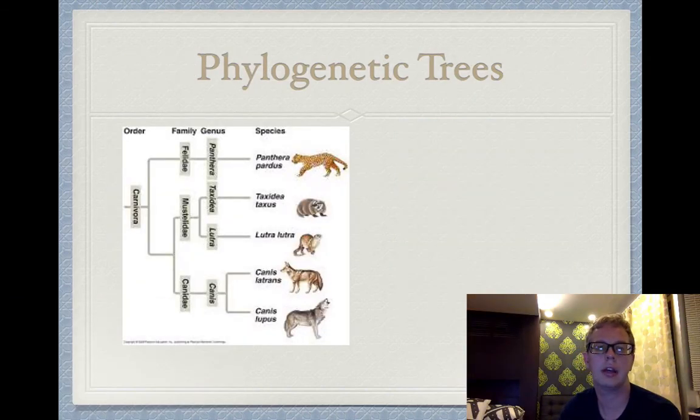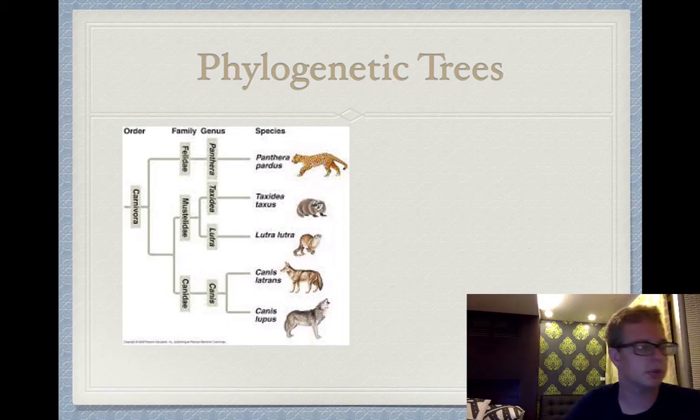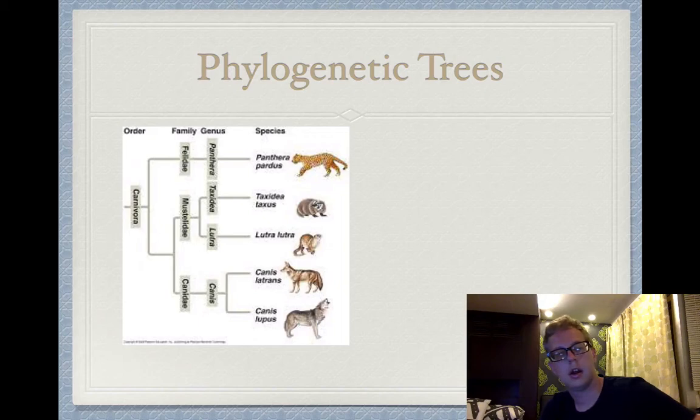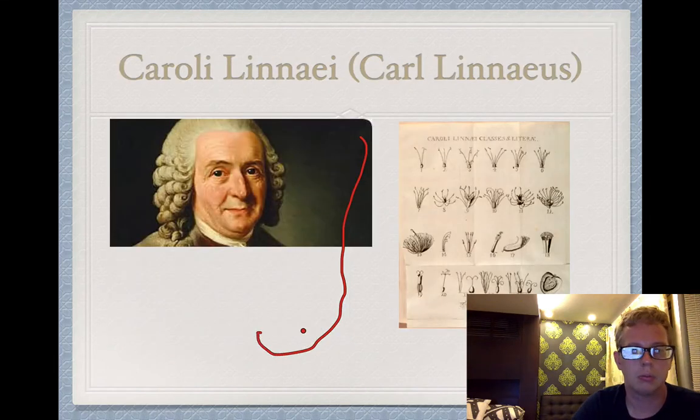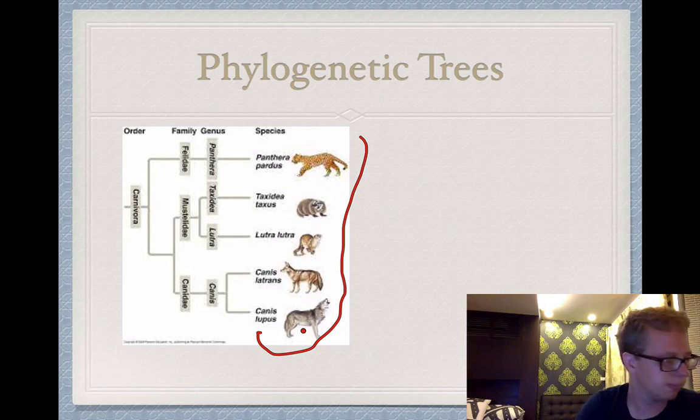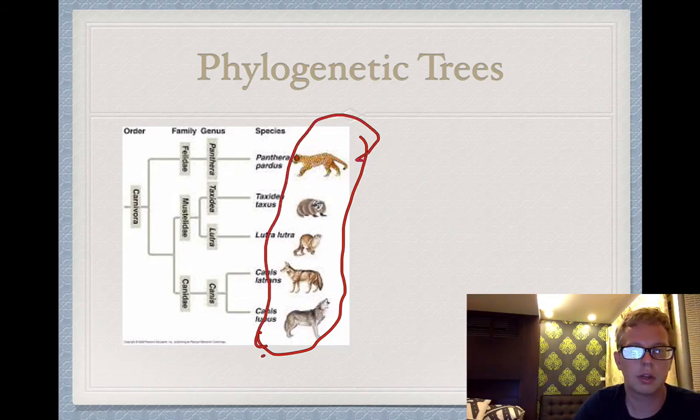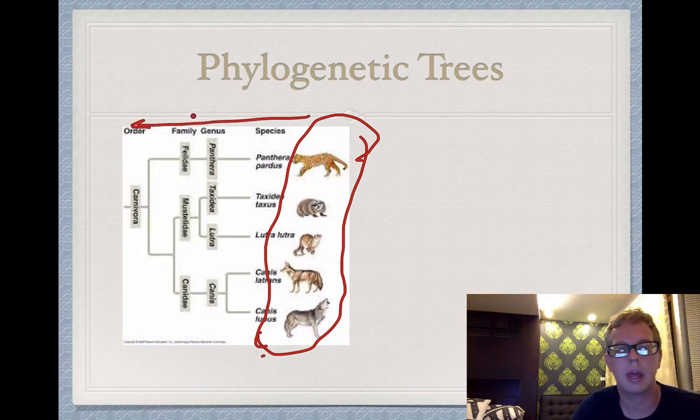So to give you an idea of what a phylogenetic tree is, phylogenetic trees are organized around the species being the individual organisms. So species are the individual organisms, and as we go further back, we get the common ancestors for those species.